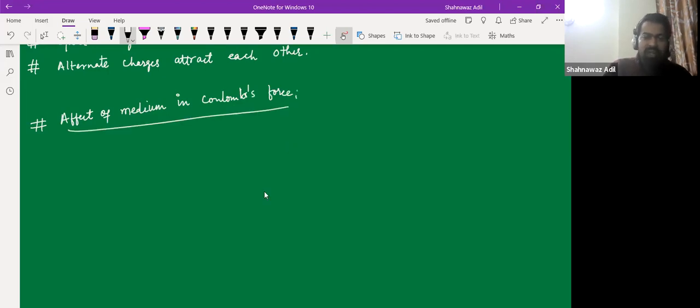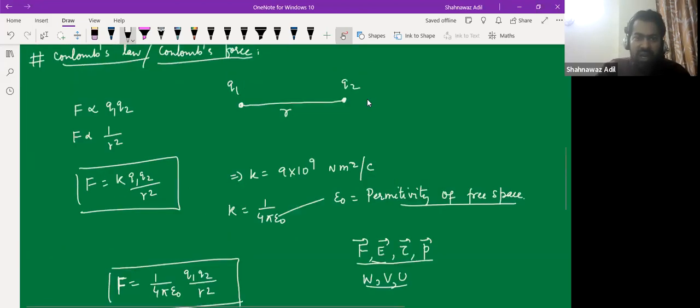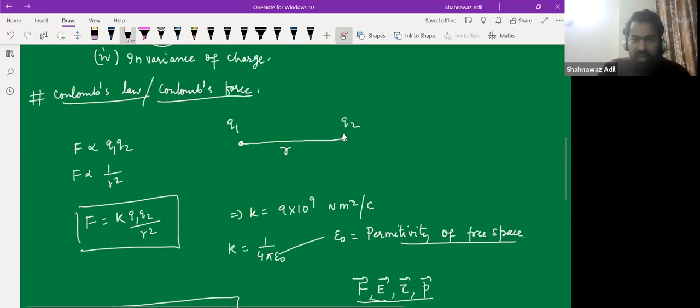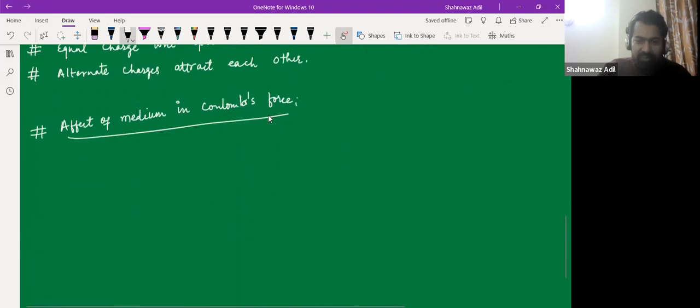Let's say these two charges were in the air, with no medium between them. But if we put these two charges in a medium, then what will happen?